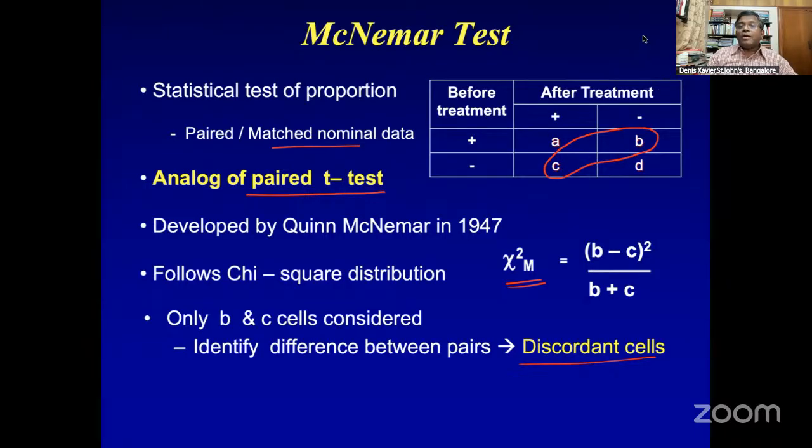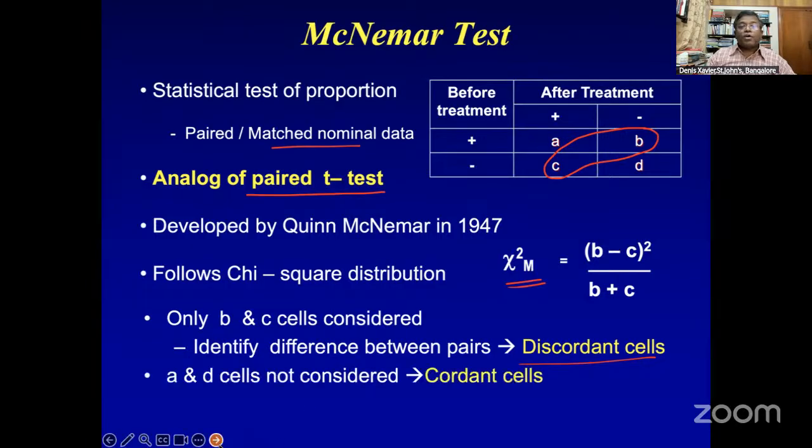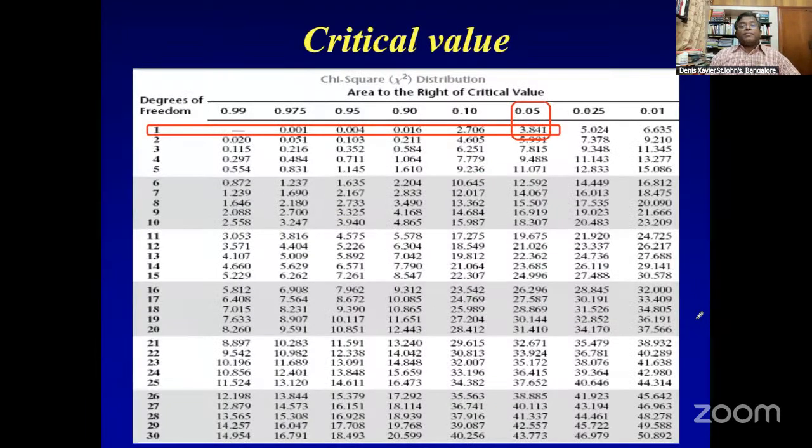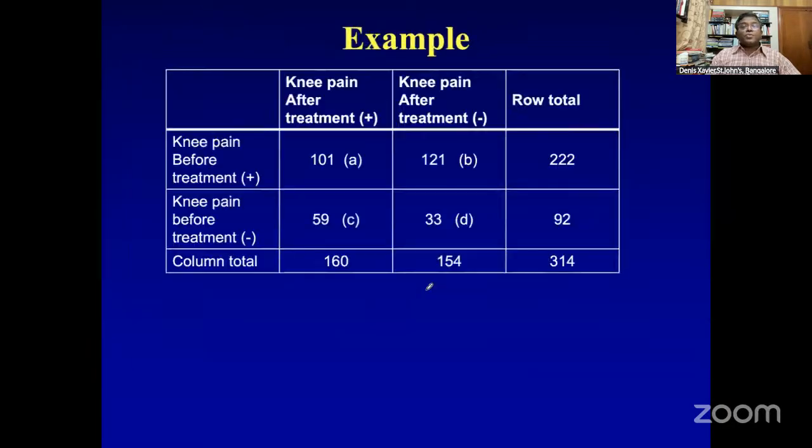And B number of people had pain before treatment, and after treatment, the pain disappeared. These are called discordant cells. The opposite of that is concordant cells. A and D are concordant cells: no change, before and after. I am not so interested in these. Statisticians are interested in the discordant cells. The same critical value we apply here as well.